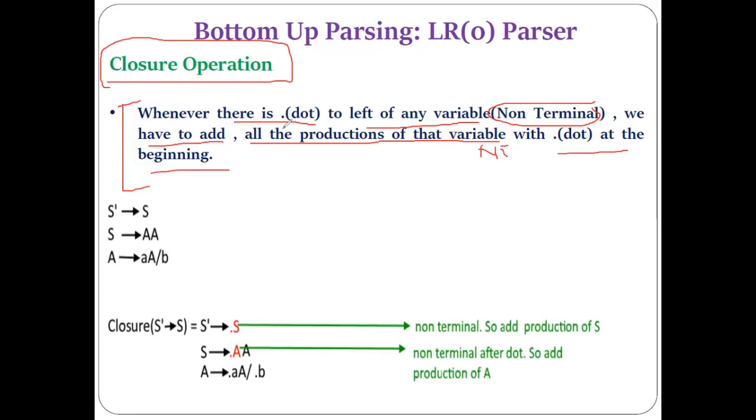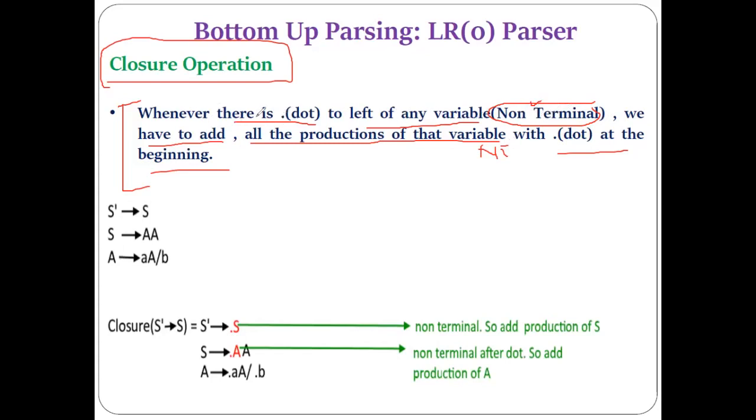Whenever there is a dot to the left of any non-terminal, this word non-terminal is very important. If there is a dot present at the left of a terminal, then there is no need to perform the closure operation. The closure operation is performed when there is a dot present to the left of any non-terminal.